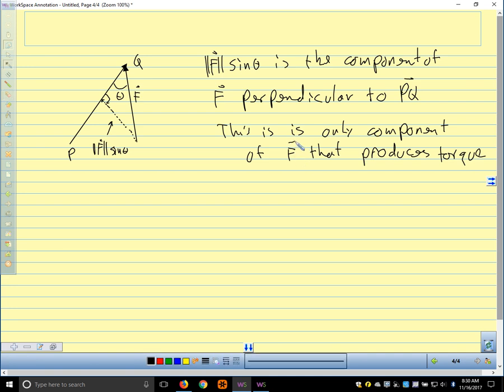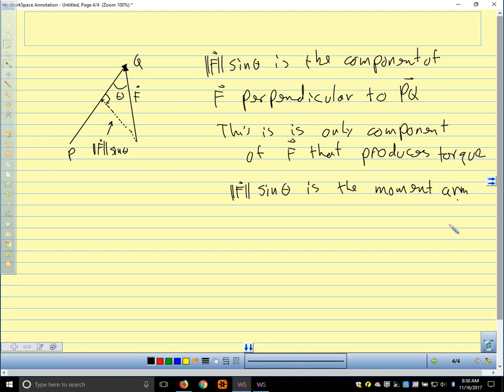And we call that F, magnitude of F sine theta, the moment arm. So if you're pushing on a wrench, only the component of the force that's perpendicular to the wrench produces torque.